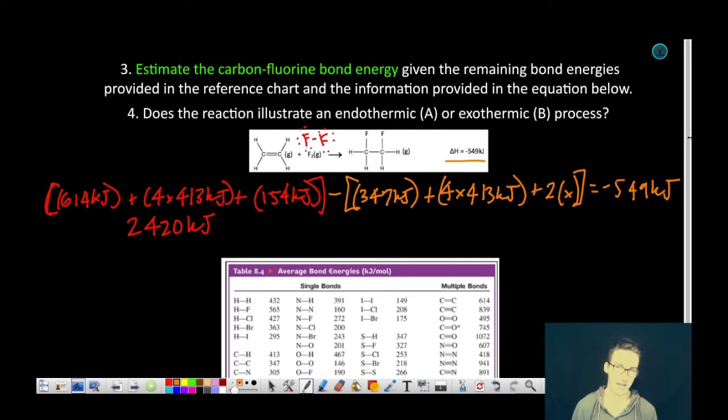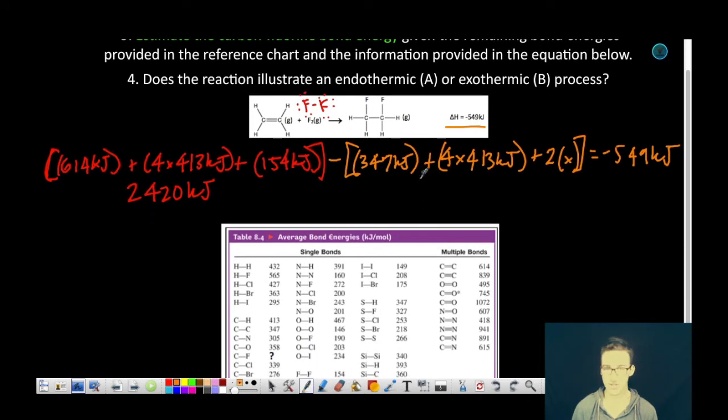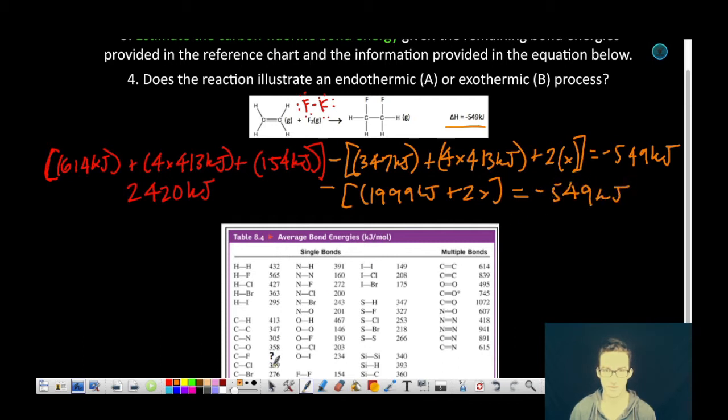And as we think about solving the actual question, it's just some basic algebra skills to solve for x. It's going to be minus, we can combine these things here and end up with 1,999 kilojoules plus 2x equals negative 549 kilojoules.